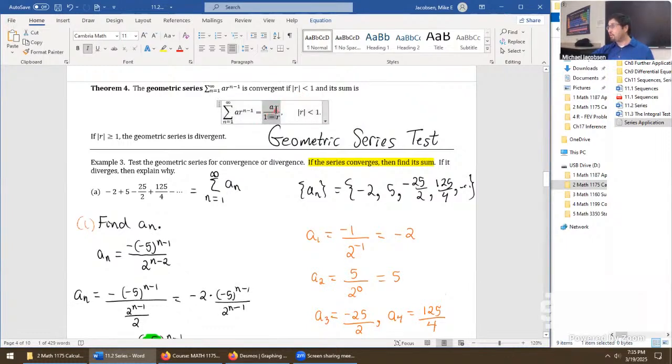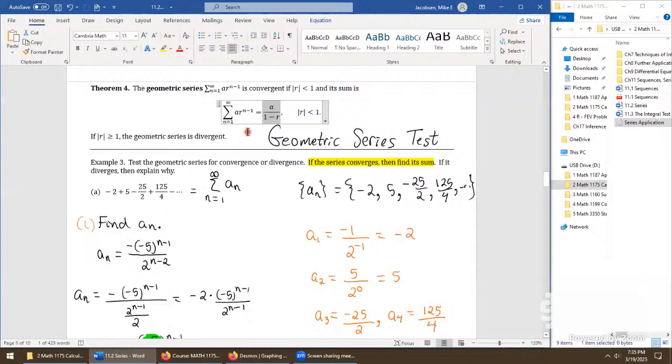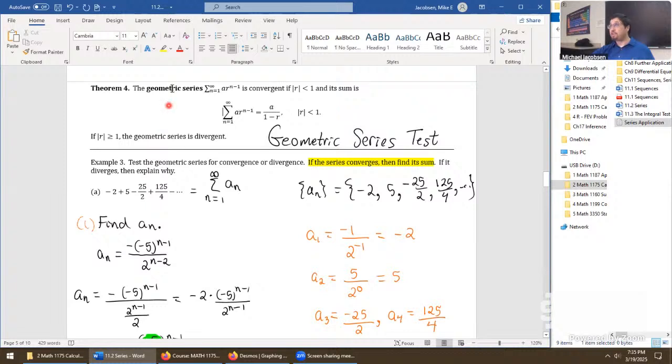The total sum on this is just A divided by 1 minus R. And that's all we have to do for the geometric series test. Write out your series in this kind of format so we can see what R is. Less than 1 implies convergence, and this is a formula for that convergence. Extremely rare to have a formula like that. And if it's greater than or equal to 1, we have divergence. We just call the whole thing the geometric series test.